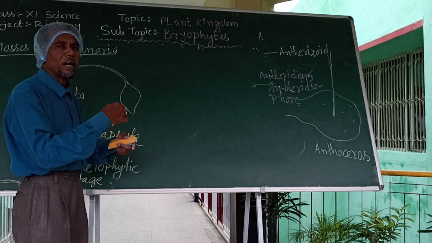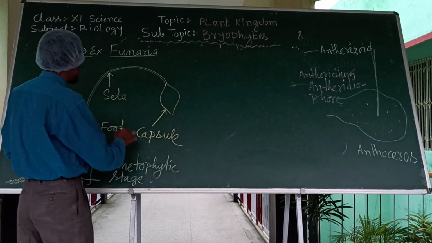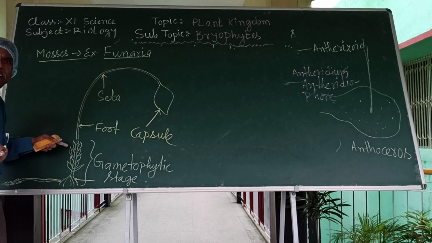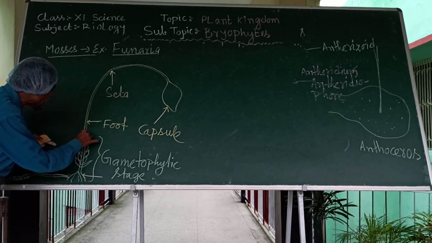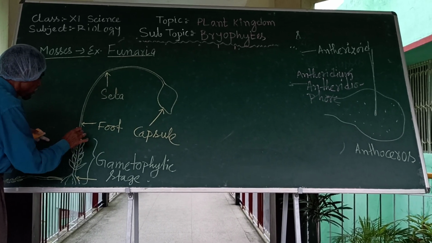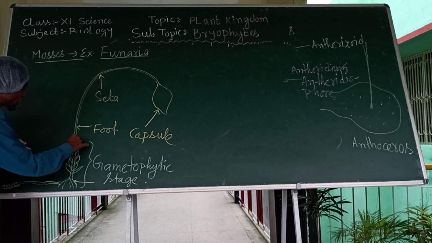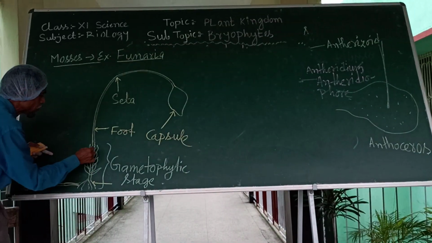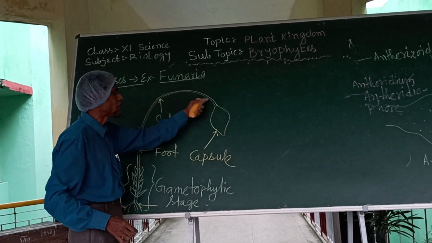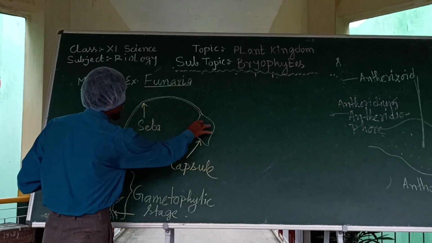This zygote, after repeated division, gives rise to a sporophytic stage. The sporophytic stage is not independently living; it is living over the gametophytic stage. Up to this is the gametophytic stage, over which the sporophytic stage lives, which is having a foot, seta and capsule.